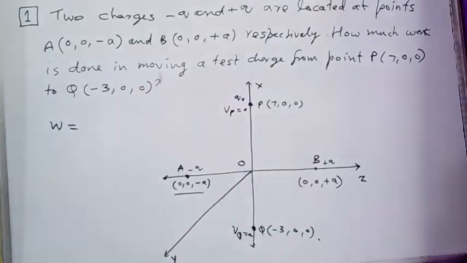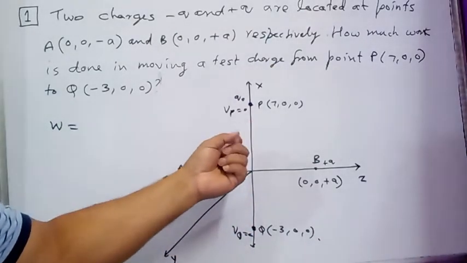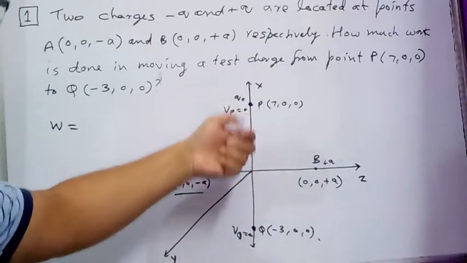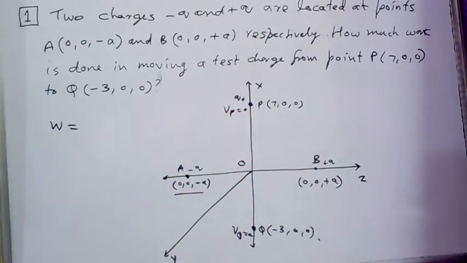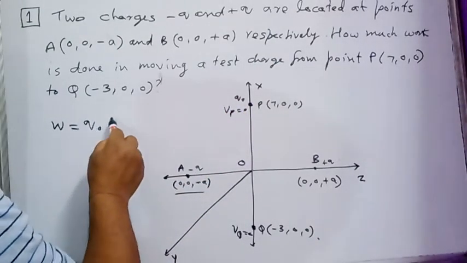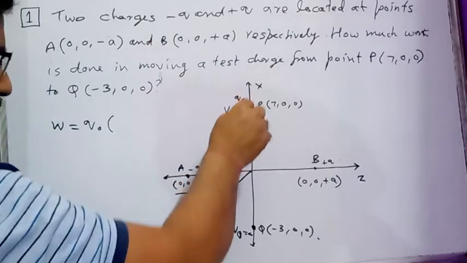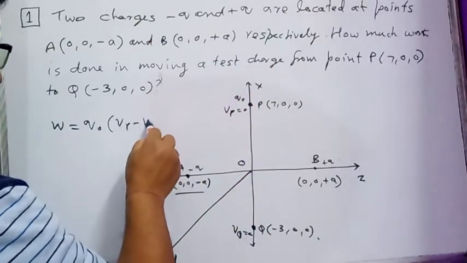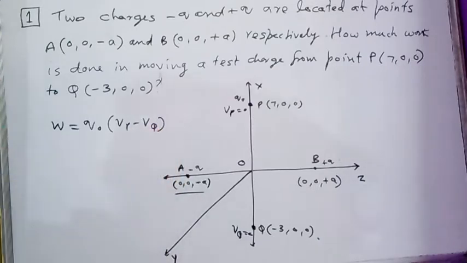As we know, the potential difference between two points is equal to the amount of work done to move a unit charge from one point to the other. Therefore, what is the value of work done to move the Q0 charge? That is charge Q0 multiplied by the potential difference between points P and Q, that is Vp minus Vq.